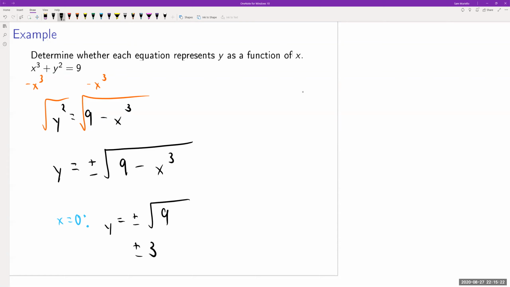That's not going to be two unique x values. That's the same x value with two different y values. And graphically, I don't know what the entire graph looks like, but I do know that when x equals 0, I've got 3 and -3 on the same graph. That's not going to be a function. So we would write not a function.